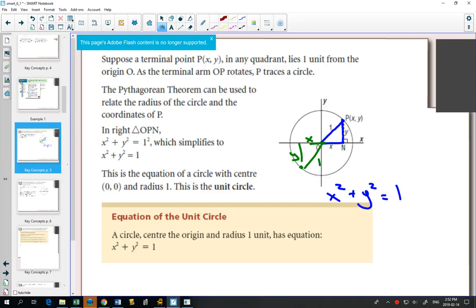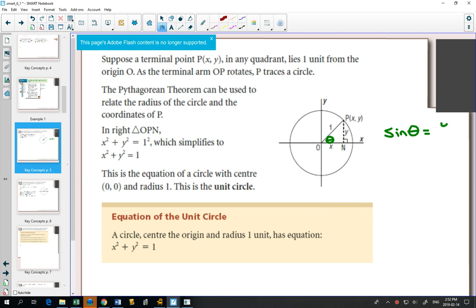First of all, if we took a random point, x and y, we could call this angle theta. And if I call that angle theta, I know that sine of theta is equal to opposite over hypotenuse.